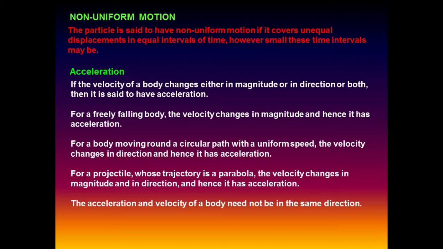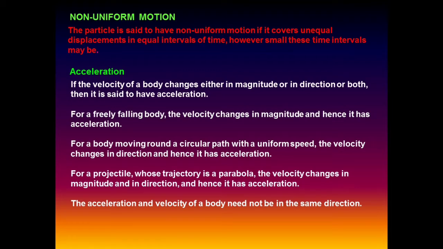If the velocity of a body changes either in magnitude or in direction, or it may be both, then it is said to have acceleration. For example, a freely falling body: the velocity changes in magnitude and hence it has acceleration.